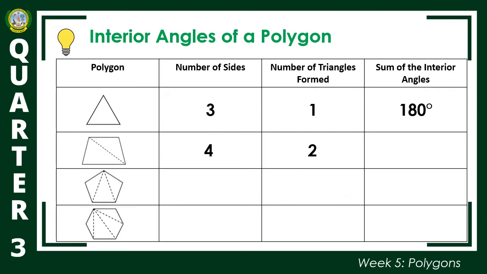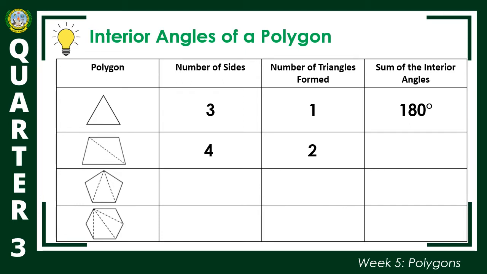So, ang pinaka-technique po dito is magdodrawing tayo ng diagonal from one vertex only. Okay? And then as you can see, pag pinag-combine natin yung mga angles po nung ating dalawang triangles, yun yung magiging sum ng interior angles ng ating quadrilateral.